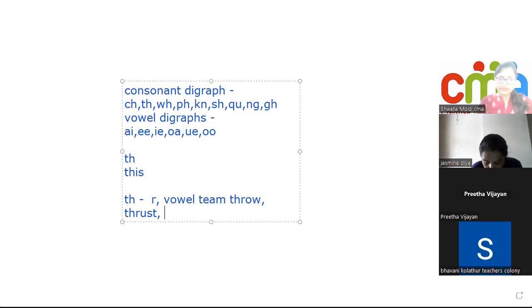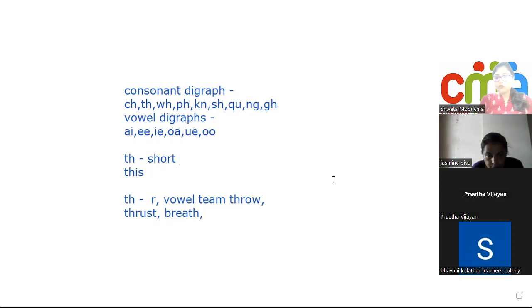Or if you have the word like breath, it is a vowel team there. So the voiced th comes with the short sound, and the unvoiced th comes when it is a consonant or any other vowel sound, with a vowel team or a long vowel sound.